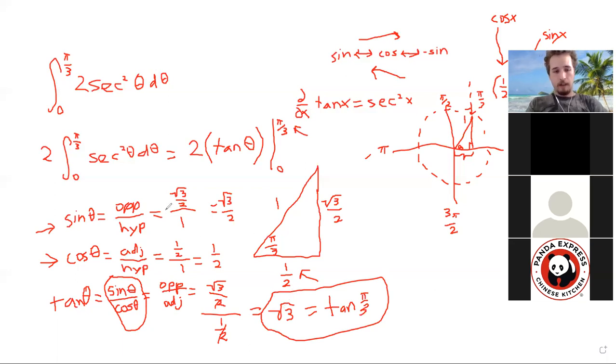Okay? And we can also look at the unit circle here with tangent of 0. Well, the value for 0 radians is (1, 0). And so our sine of x is actually going to be 0.